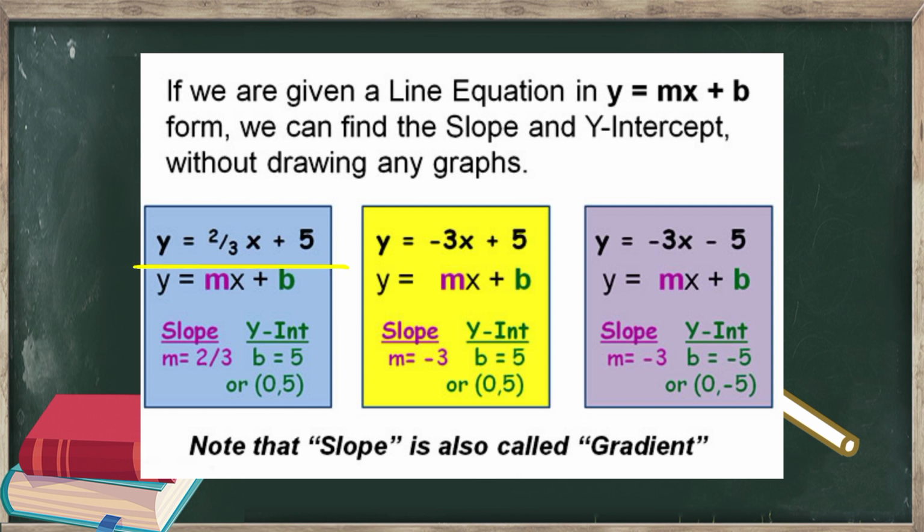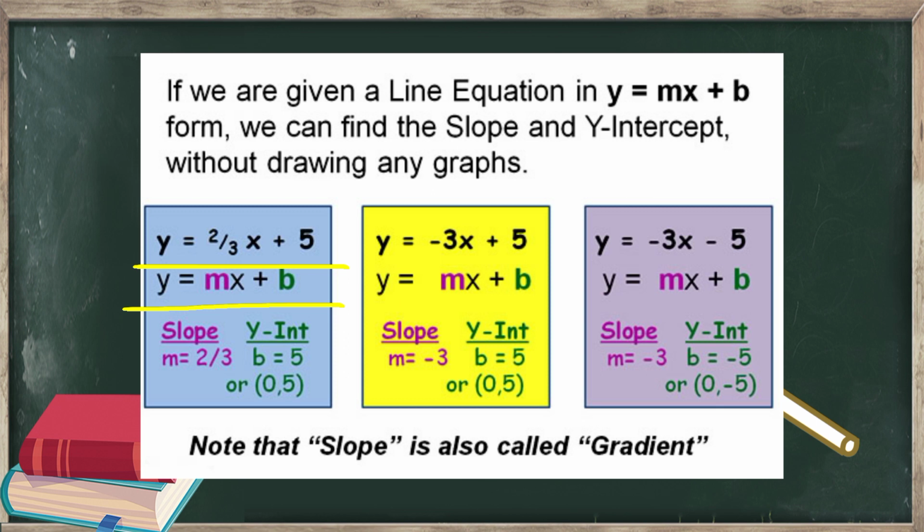Since it is already in slope-intercept form, y equals mx plus b, where m refers to the slope and b, small b, is the y-intercept. So the slope on this first expression is 2/3, and the y-intercept is 5, which means (0, 5).